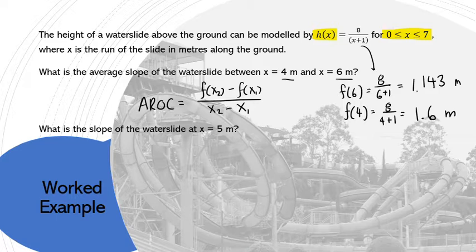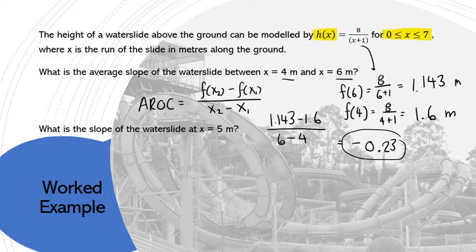We're going to have 1.143 minus 1.6 divided by 6 minus 4. This is going to give us negative 0.23, which is our average rate of change, our slope when you're between 4 meters and 6 meters along the ground.